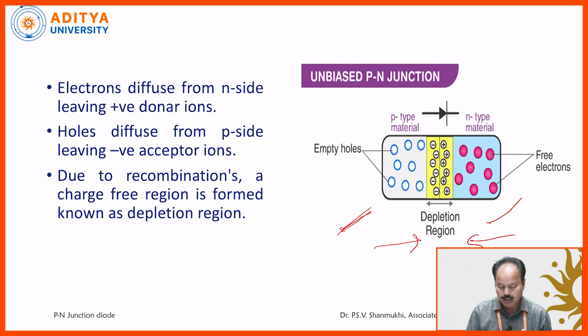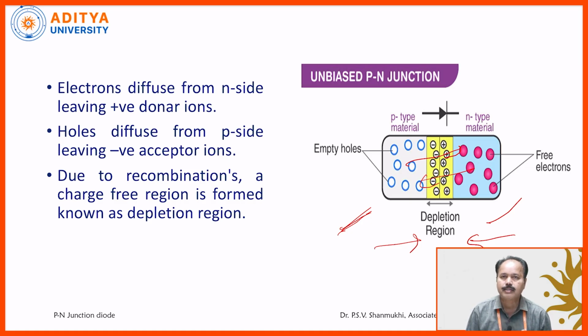In the p-type semiconductor there are acceptor impurities which are immobile, so they will not move. That's why the holes go into the n region, and electrons go into the p side, leaving behind the positive donor impurities.